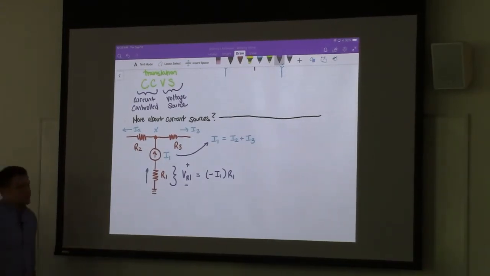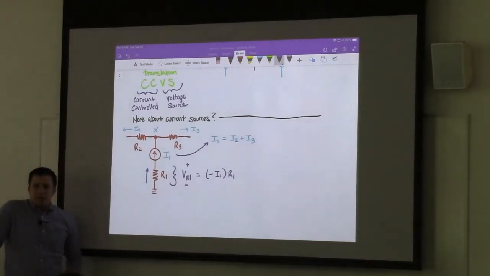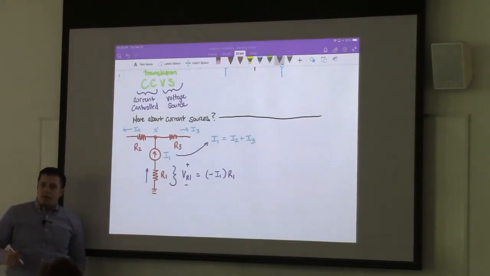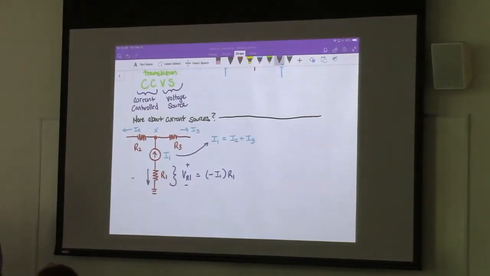The resistor is in series with the current source, and so that current is I1. Why is it negative? Again, because it's going against the passive sign convention. To obey the passive sign convention, we need a current flowing like this. And so the value of this is negative I1.